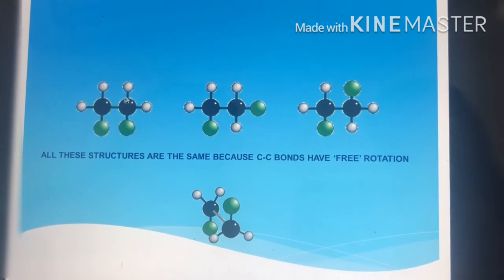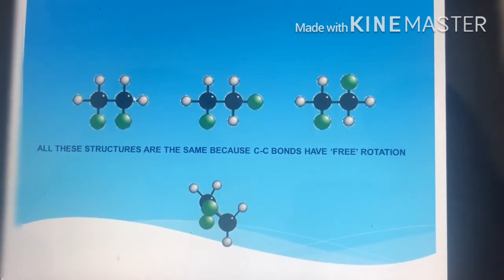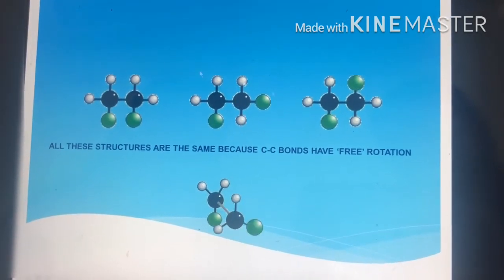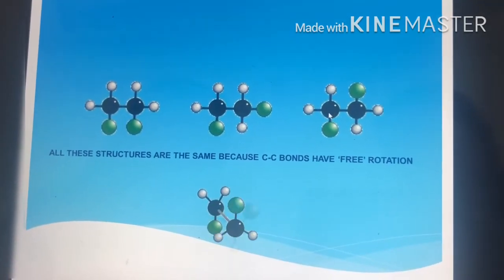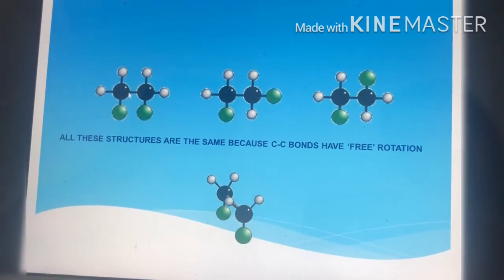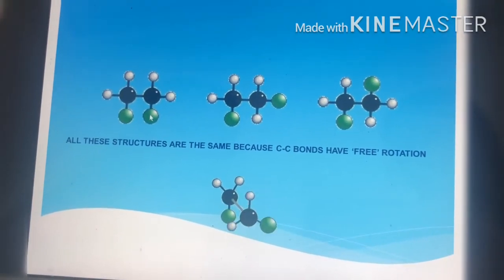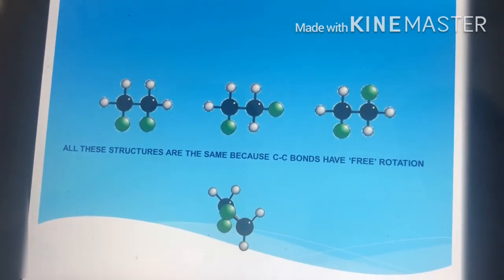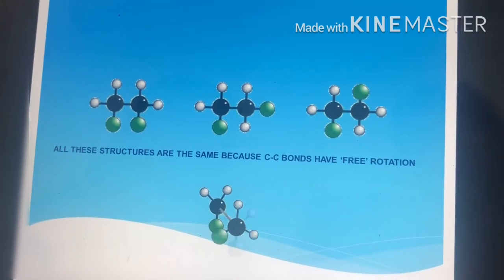All of these can interchange with each other, so we will not get any different structures for the same molecule, as it keeps rotating. There is no fixed place for any atom attached here, so that will not give rise to geometrical isomerism.